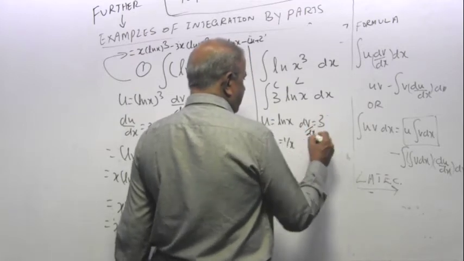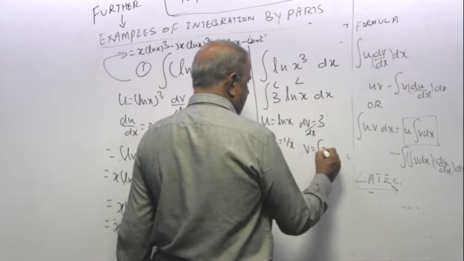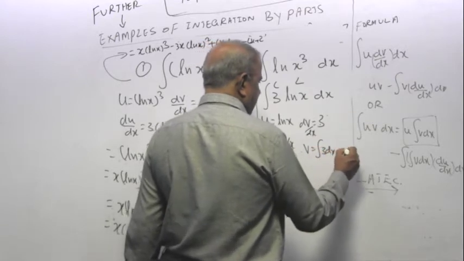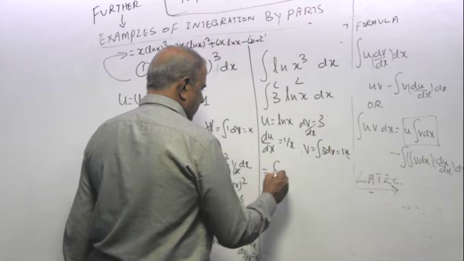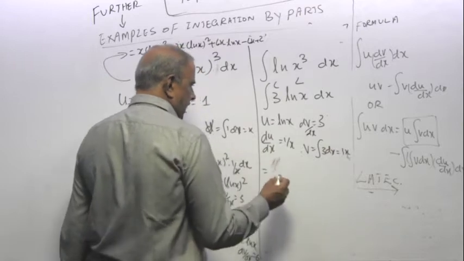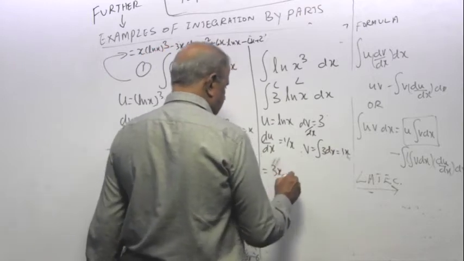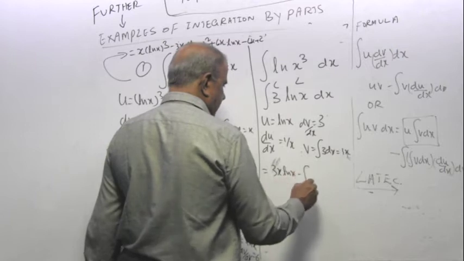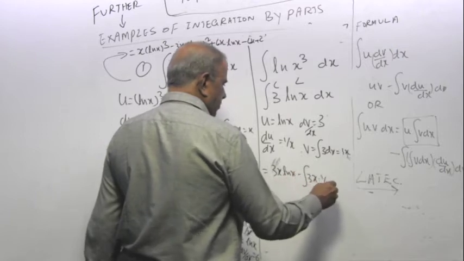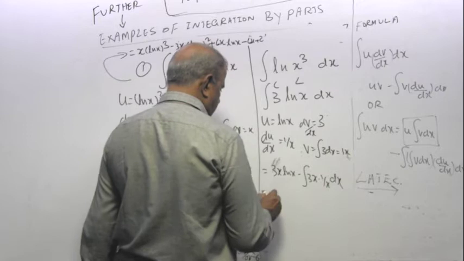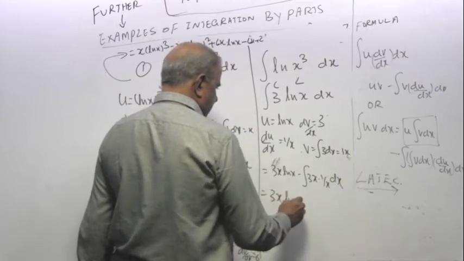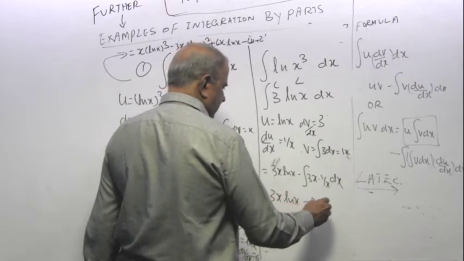So v is integral 3 dx, which is 3x. So it's in u v. So 3x ln x minus integral 3x times 1 over x dx, which is 3x ln x minus 3x plus c.